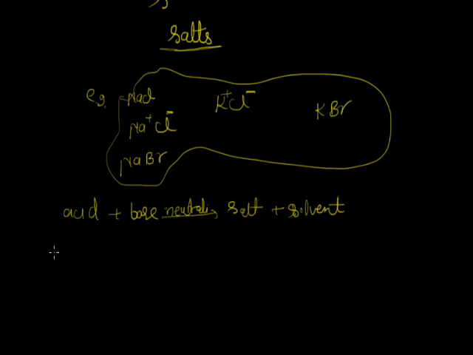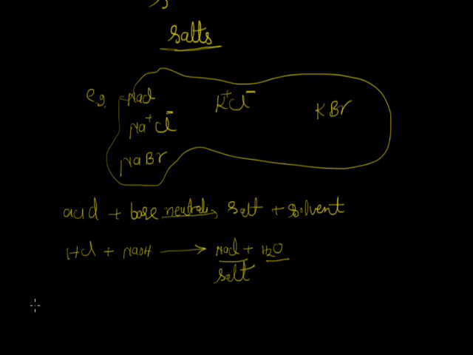For example, if we have HCl as the acid and sodium hydroxide as the base, after the reaction we will obtain NaCl plus H2O. Here H2O is the solvent and NaCl is the salt.